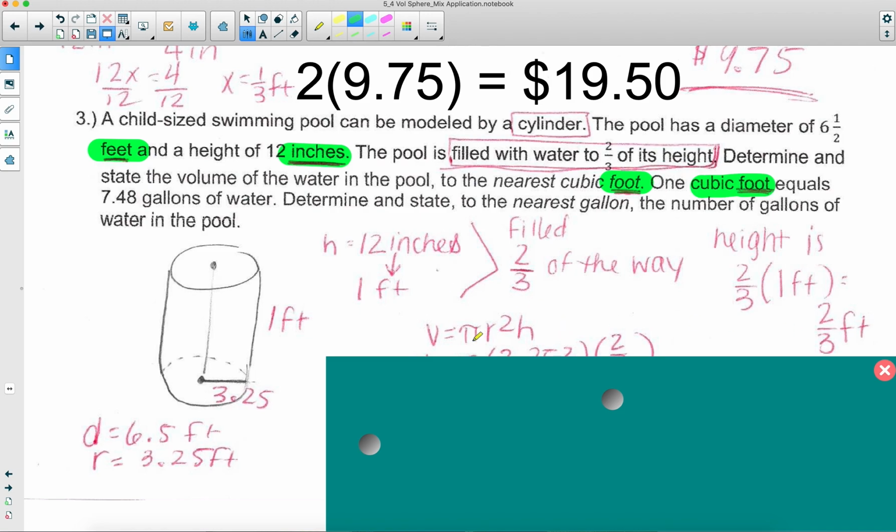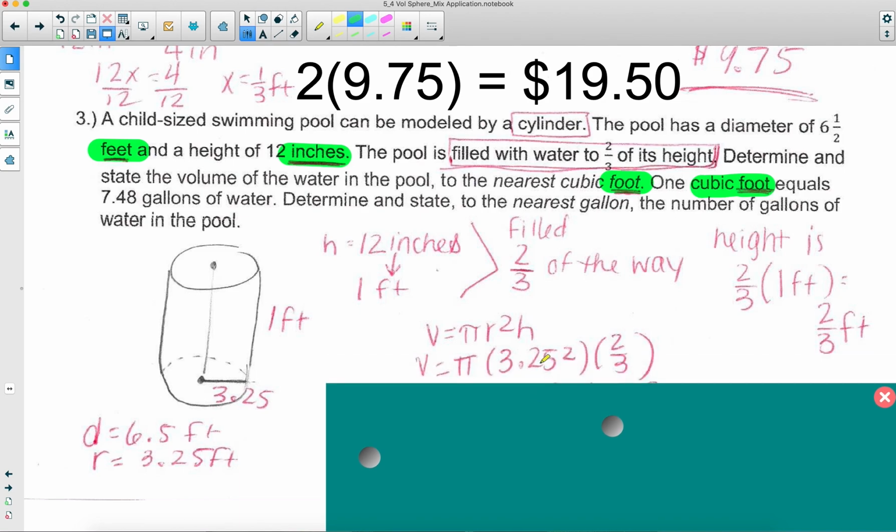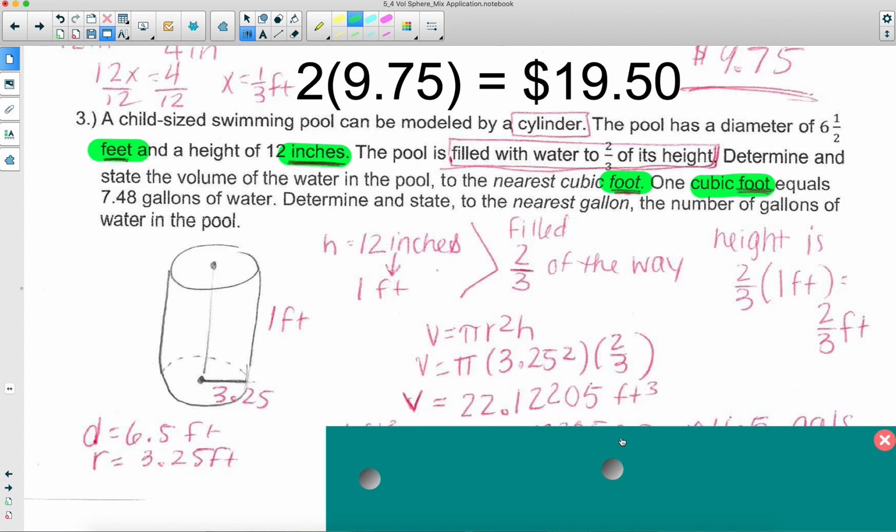The volume formula now is pi r squared times the height. I have my radius and I have my height. Again, it doesn't say in terms of pi, so feel free to put this all in your calculator, which I did. So here's the volume of the cylinder filled 2/3 of the way. Now, 1 cubic foot, and I have 22.12205 of them, is 7.48 gallons of water.